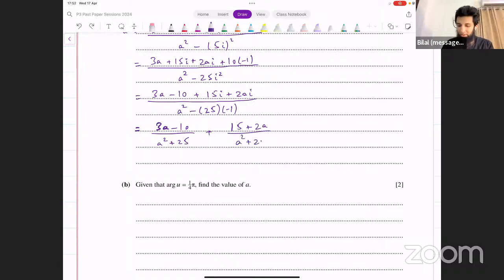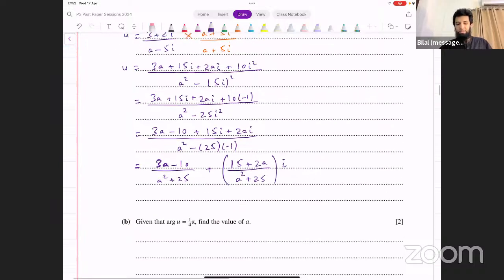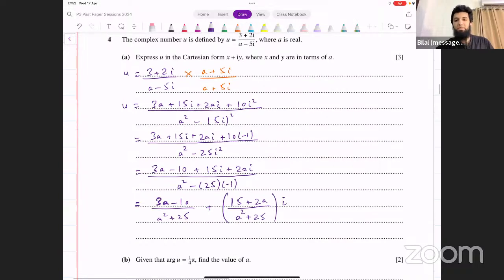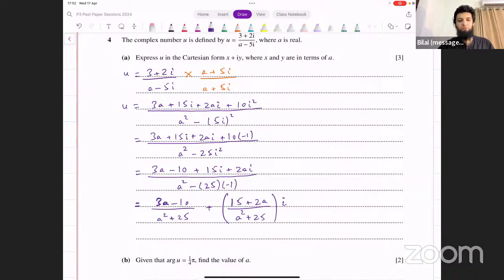This whole thing is the imaginary part, this into iota. This is that complex number written in x plus iota y form, x plus y iota form. All right, we've simplified this. All we did was multiplied and divided by the conjugate of the denominator and simplified it like this, and wrote the real part and the imaginary part separate.